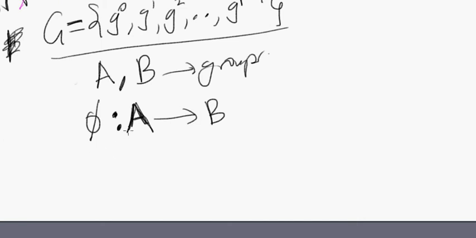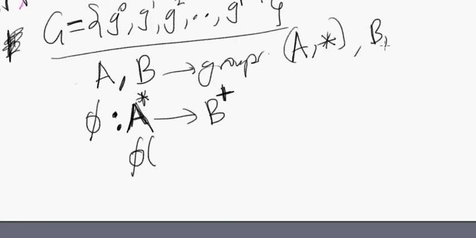A is a group and it has some operation. So let's say A has the operation star and B has the operation plus, okay? So suppose we define it as follows. Suppose the function has the property that it takes any two elements of A. So A is a group and the operation is star.